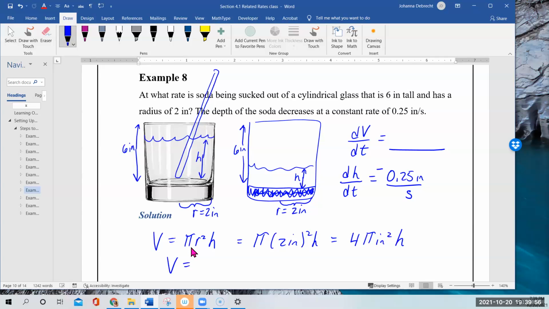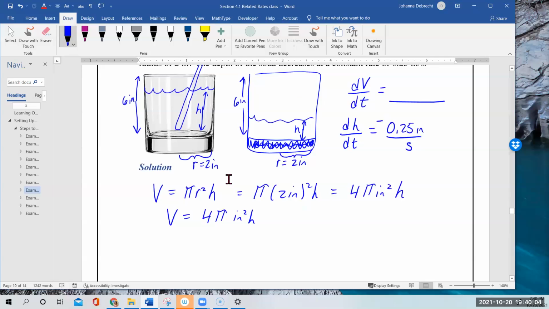Now I'm going to take the derivative of both sides of the equation, and this gives me my relating equation for the related rates. I've got dV/dt equal to, well, the 4 pi inches squared is just a constant. Only h depends on time.